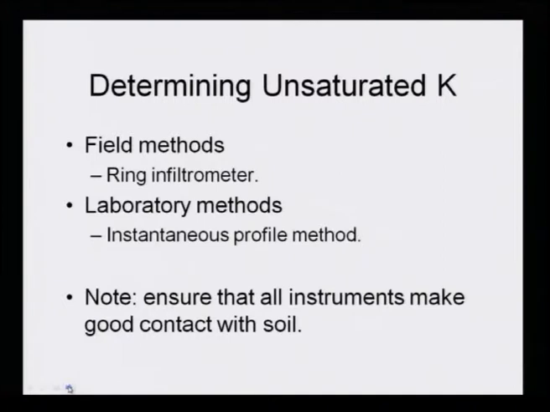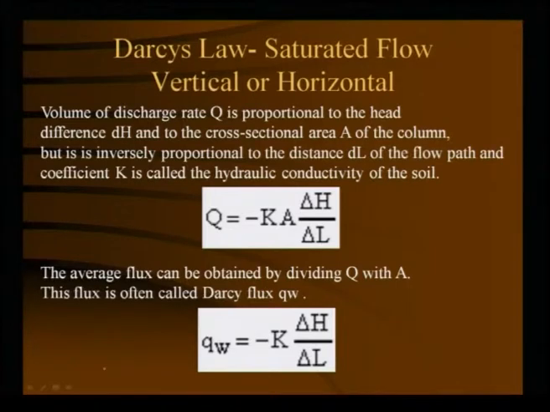Before I start determining unsaturated K, if you look at Darcy's law for saturated flow, vertical or horizontal, going back to theory, the volume discharge rate Q is proportional to the head difference dH and to the cross sectional area A of the column, but inversely proportional to the distance dl or L of the flow path.